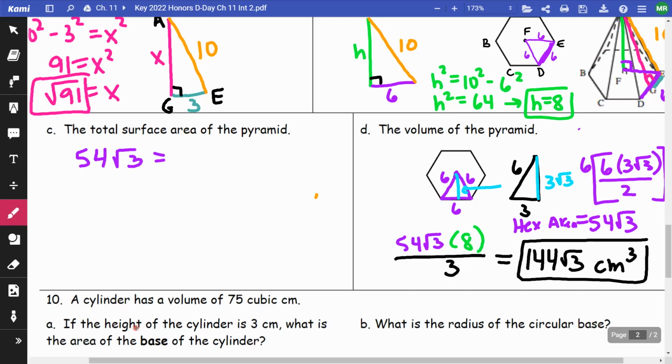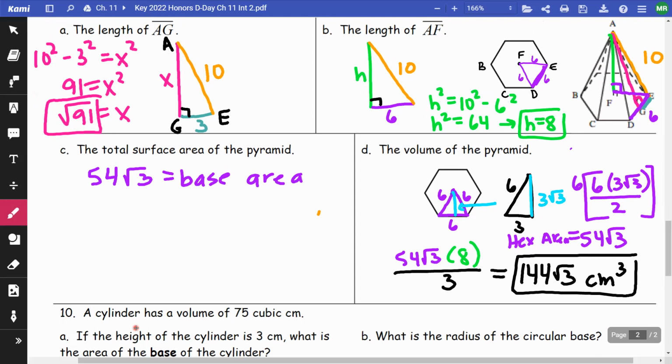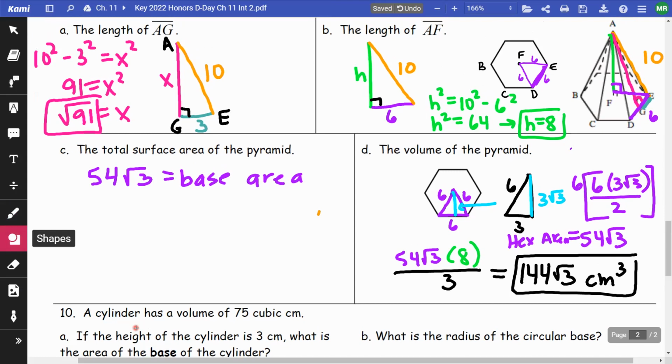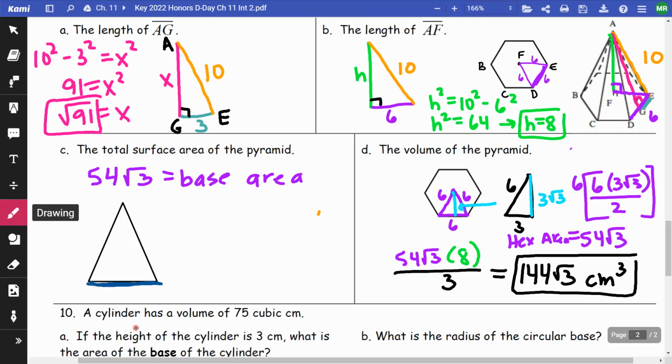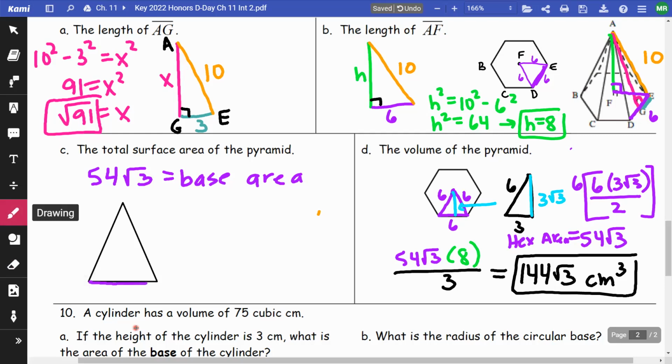Okay, that's my base area. I need to find the area of each of the triangular faces. So let me just get a triangle. Now these triangular faces are going to have a base of, sorry, I should do it in purple because I had it as purple over there. A base that is 6.